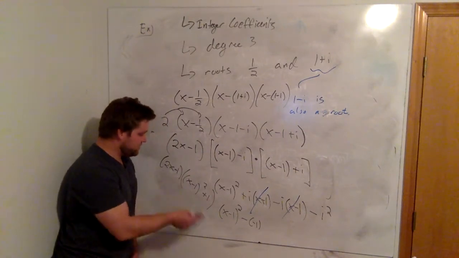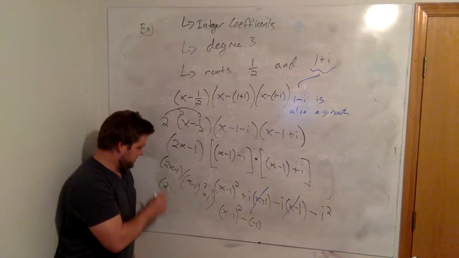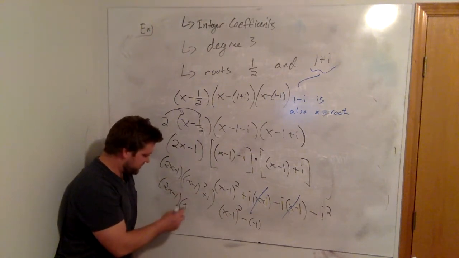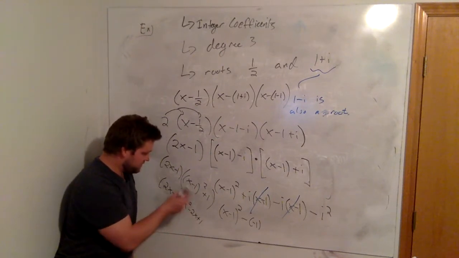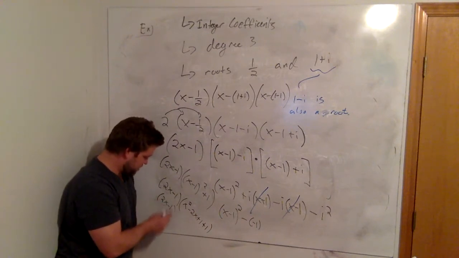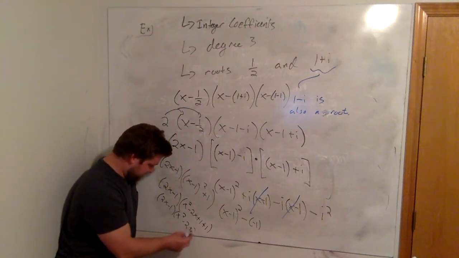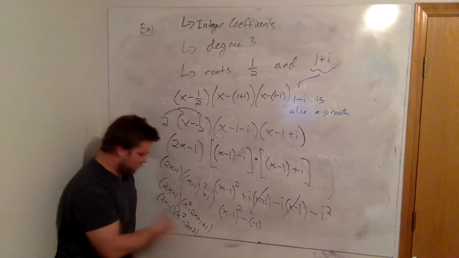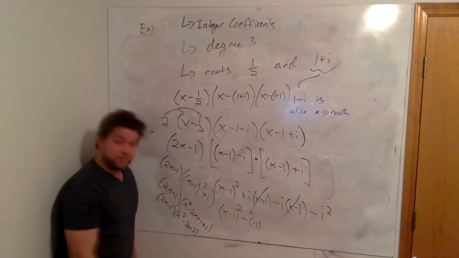So you can go ahead and continue expanding this if you'd like. If I expand that piece, I'm going to get x squared minus 2x plus 1, plus an extra 1. So I get 2x minus 1 times x squared minus 2x plus 2. Now, you can continue expanding this, but if I multiply all these out, I'm going to get a third-degree polynomial, and notice that all the coefficients would be integers.